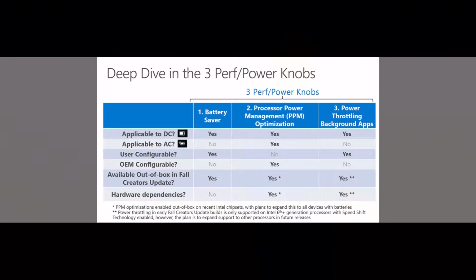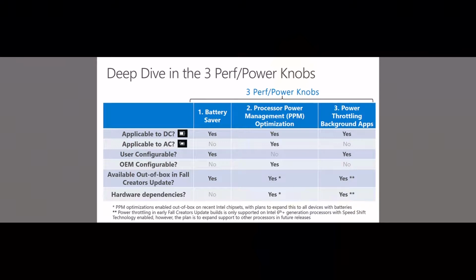They can also configure which apps are power throttled. However, users do not have the ability to modify the PPM settings. Third, the OEMs can only configure the PPM settings, and Microsoft recommends you either use the default settings or those provided by your silicon vendor.